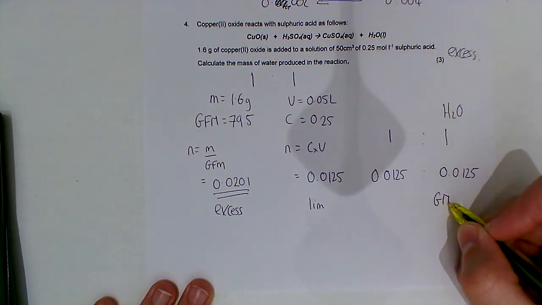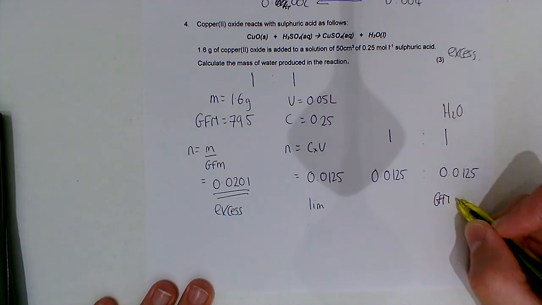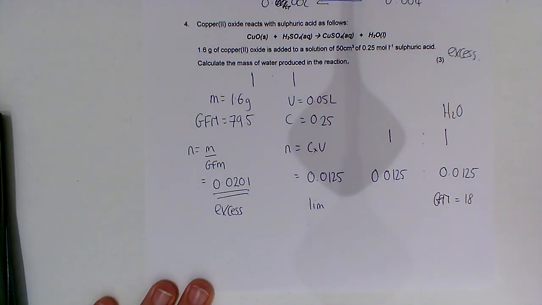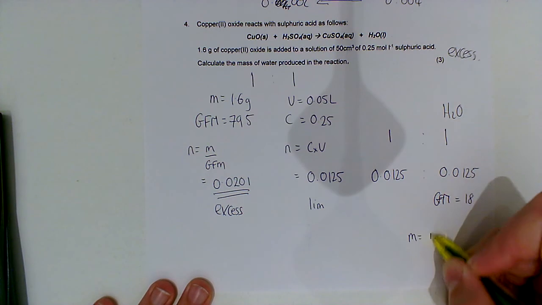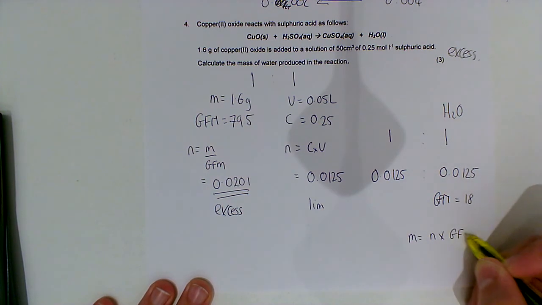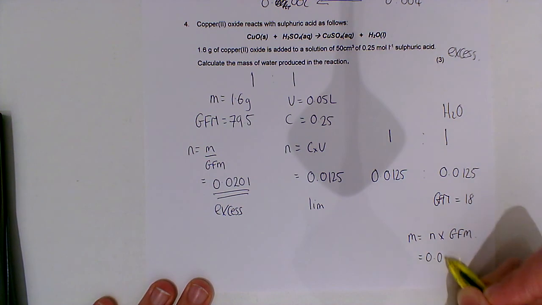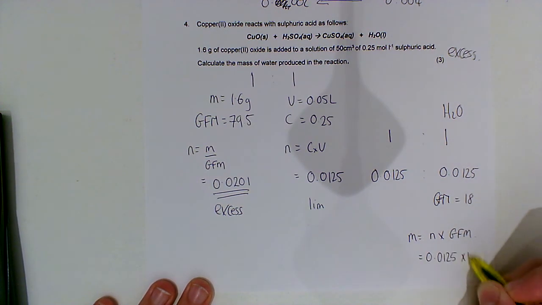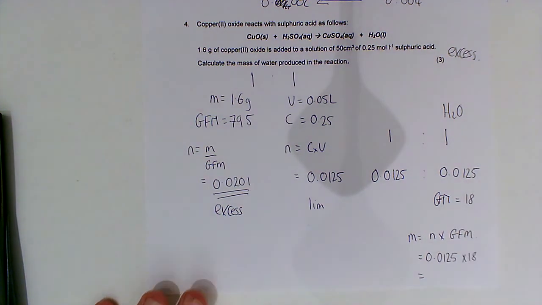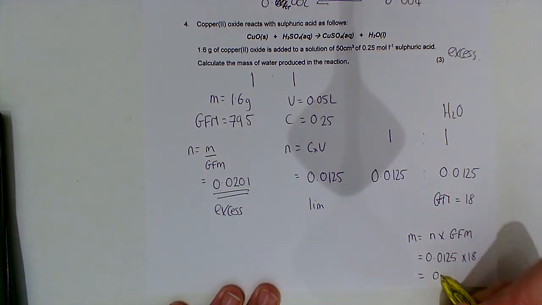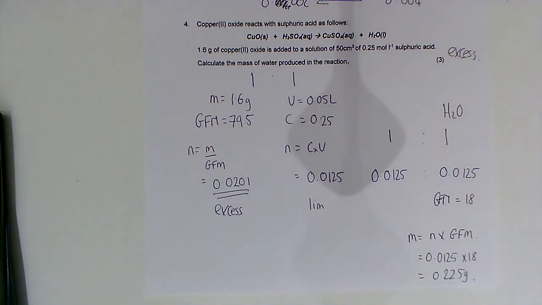Now the GFM of water is 18, and mass equals N times GFM, which is 0.0125 multiplied by 18, which equals 0.225 grams of water.